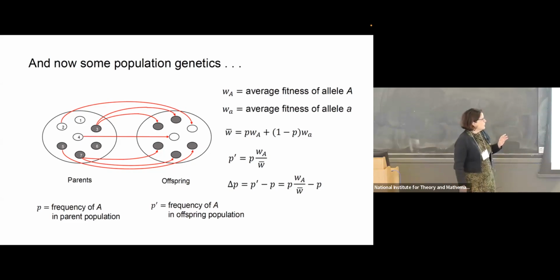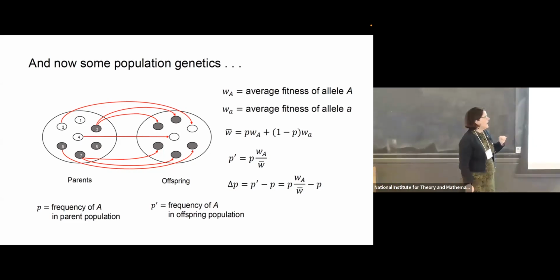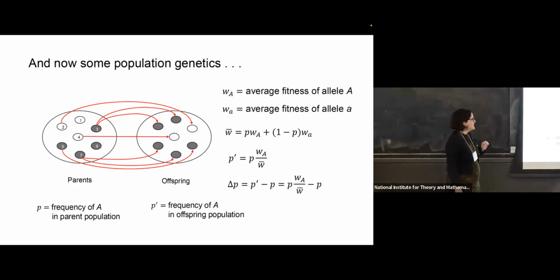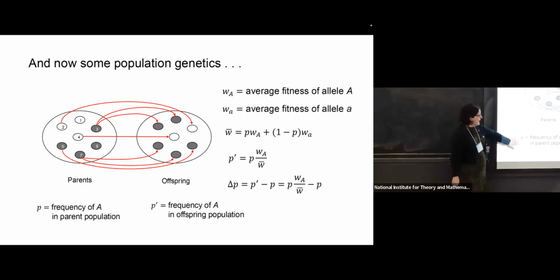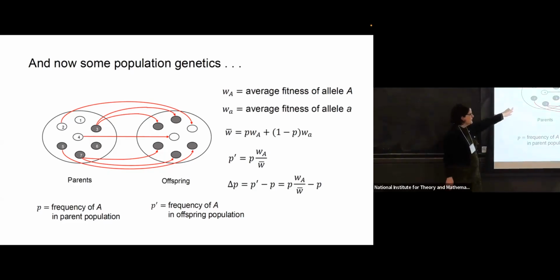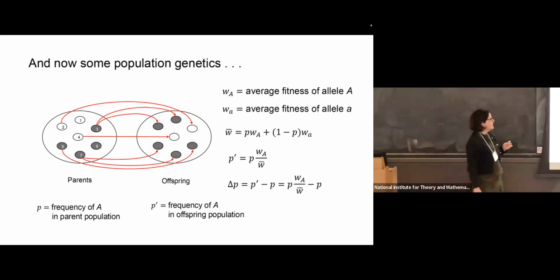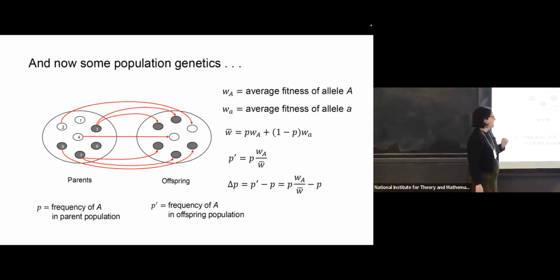And we'll have some average fitness of allele big A, W big A, and average fitness of allele little a. P is the frequency of big A in the parent population, so we could have a mean fitness here. That's just the scaled frequency. The average fitness is scaled by their frequencies.